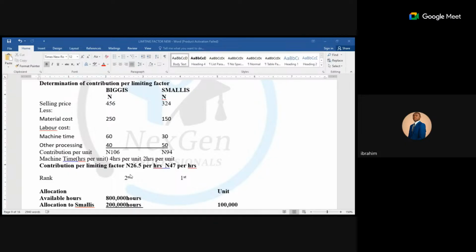You can't do allocation without calculating contribution per limiting factor. You have to rank. How do you want to arrive at your answer? The steps are very simple. Yes, sir. Okay, thank you.